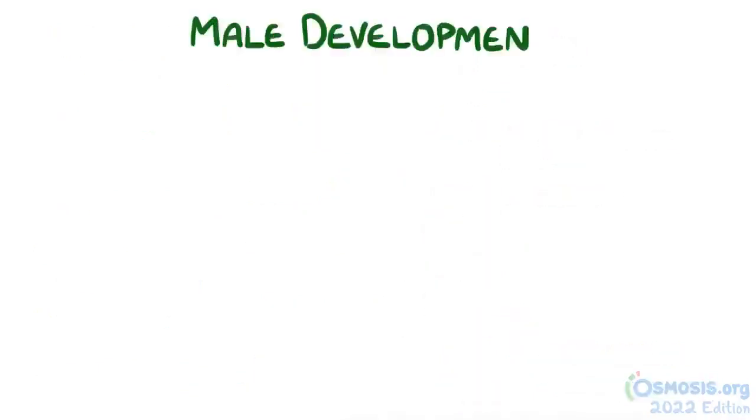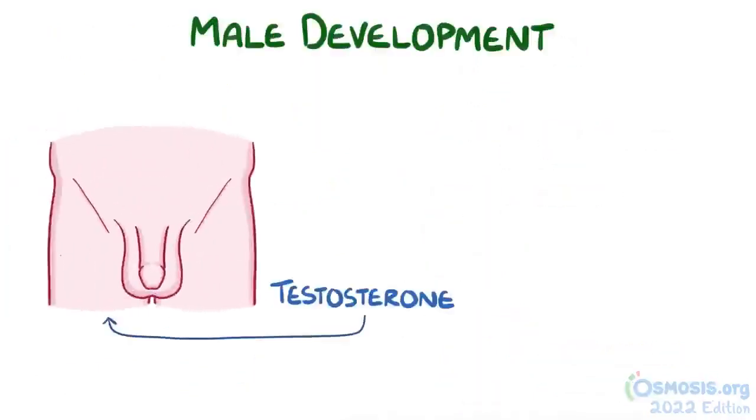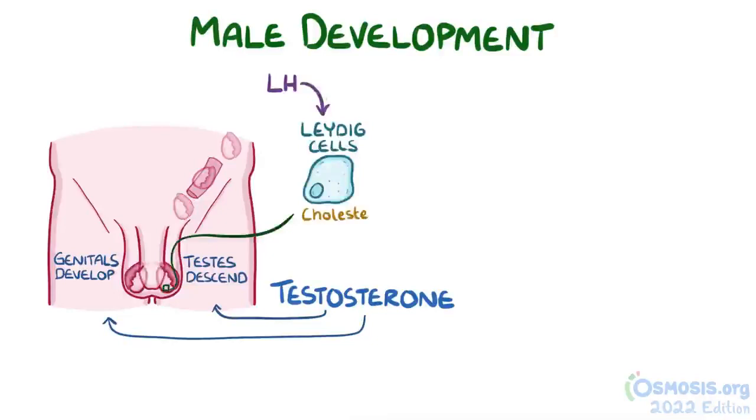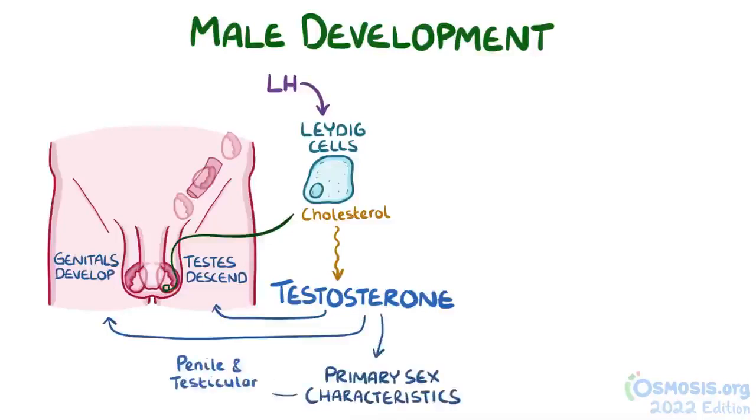Early on in male development, testosterone helps the external sex organs to differentiate into male genitals and causes the testes to descend from the abdomen into the scrotal sac. During puberty, the Leydig cells of the testes respond to the luteinizing hormone by converting more cholesterol into testosterone. The high levels of testosterone lead to the development of primary sex characteristics like penile and testicular growth.